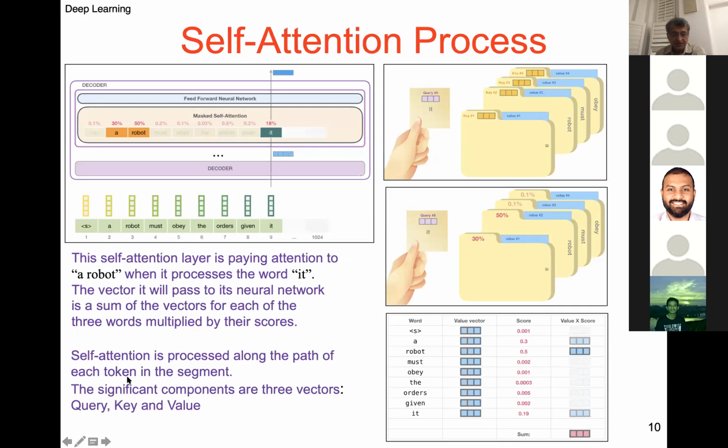Self-attention is processed along the path of each token in the segment. So this tries to illustrate and explain how the neighboring words are used in the self-attention process. We saw that earlier on. It is using the neighboring words to figure out what its importance is by looking at the dot product and so on.